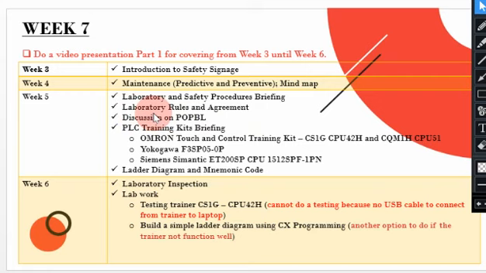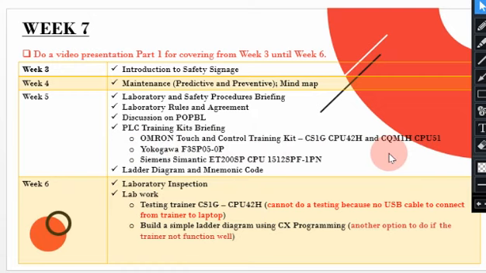Then we have a laboratory rule and agreement, discussion on POPBL, and we have PLC training kit briefing, which is three types of PLC: Omron touch and control training, which is CS1G CPU42H and CQM1H CPU51, Yokogawa F3SP05-0P, and Siemens Simatic ET200SP CPU1510SP-1PN.